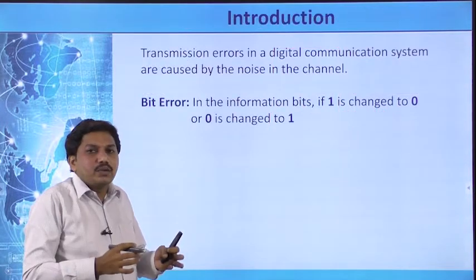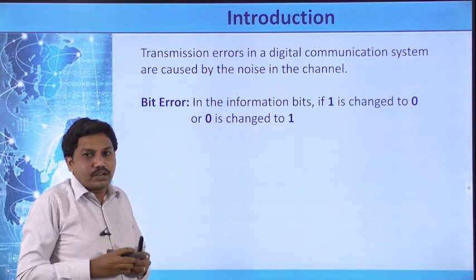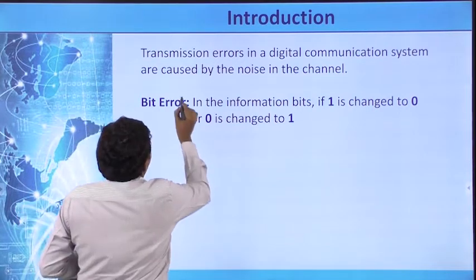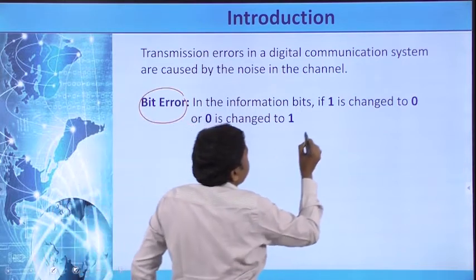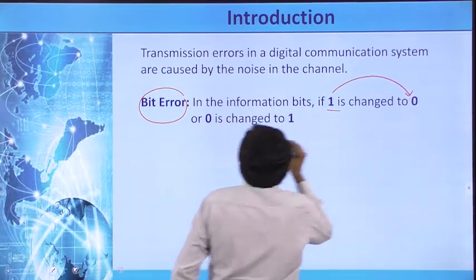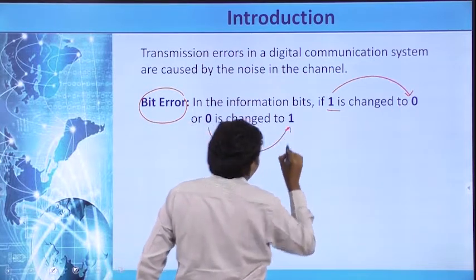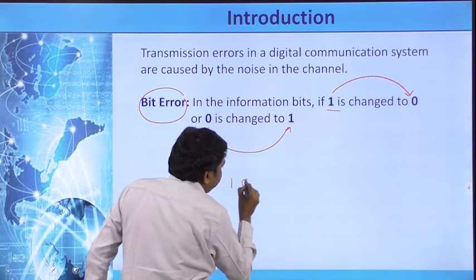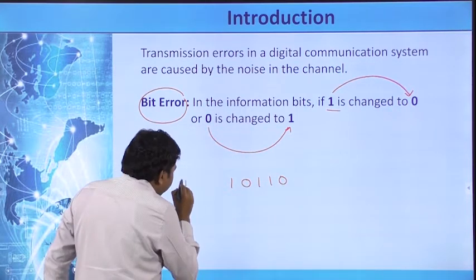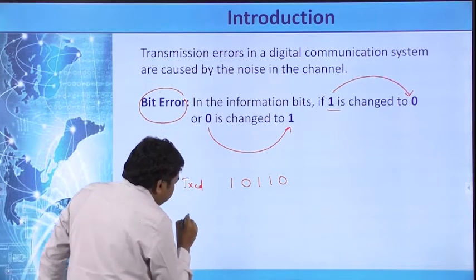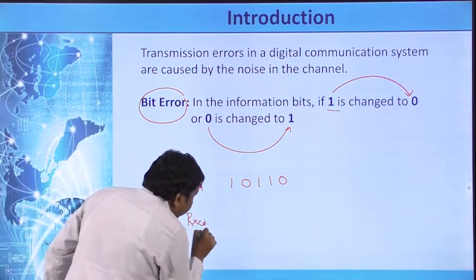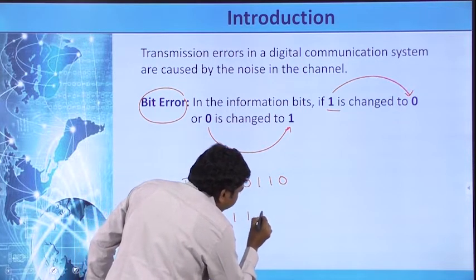Errors occur due to the presence of noise in the channel, right? So what do you mean by error? Error means that binary 1 is changed to 0 or 0 is changed to 1. Let us say for example my information bits are these, which are transmitted. In the receiver side, the received bits are, I am assuming, like this.